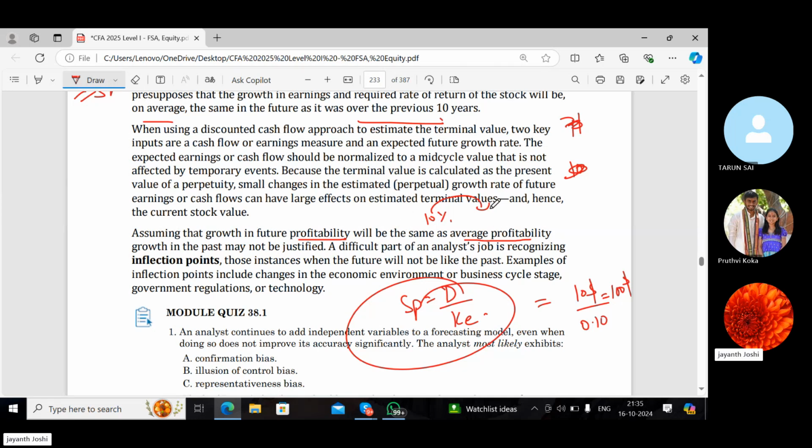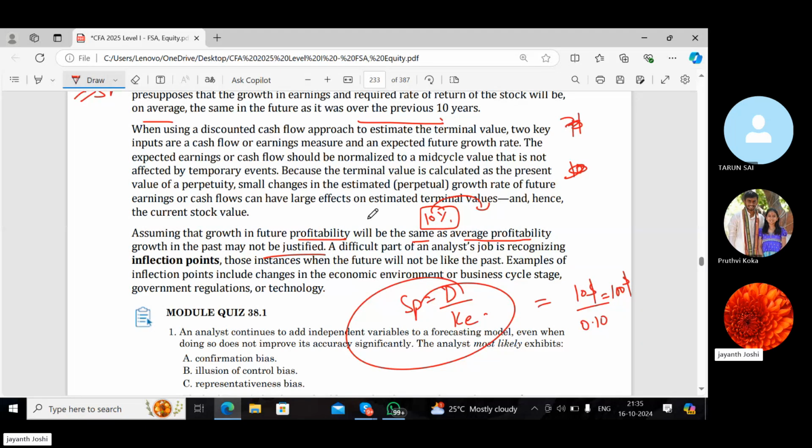You are expecting that the profits of the company in which you are an investor are going to grow by, let's say, 10%. That is equivalent to the average profitability growth in the past, and that may not be justified. So assuming that the growth in future profitability will be the same as the average profitability growth in the past is not justified.